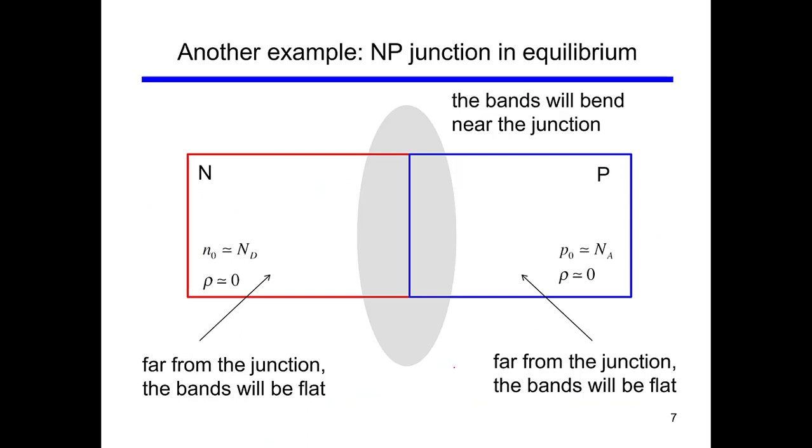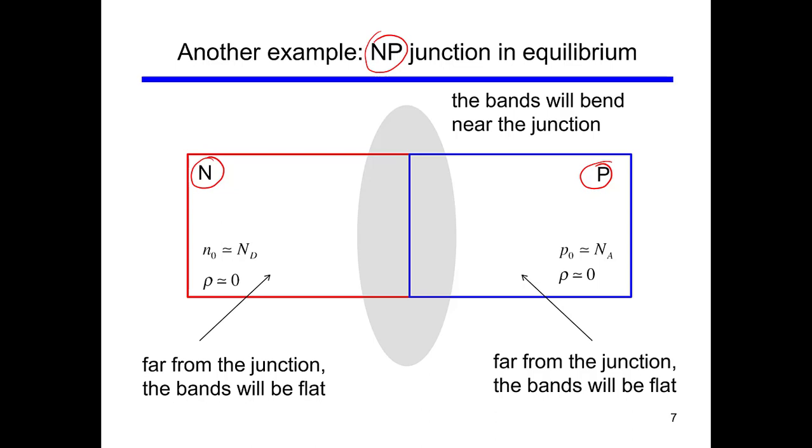So let's consider another example. This example is slightly complicated because we have an N-type semiconductor and a P-type semiconductor, and they are joined. So we have an NP junction.